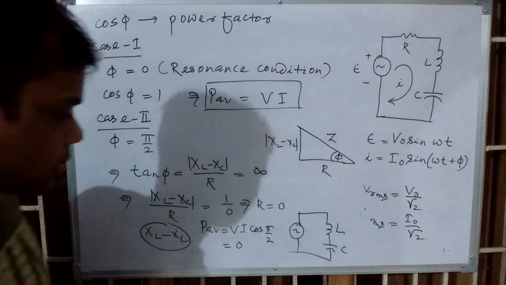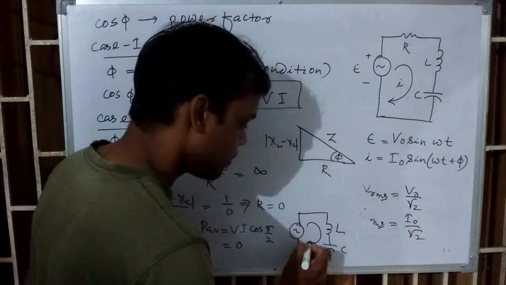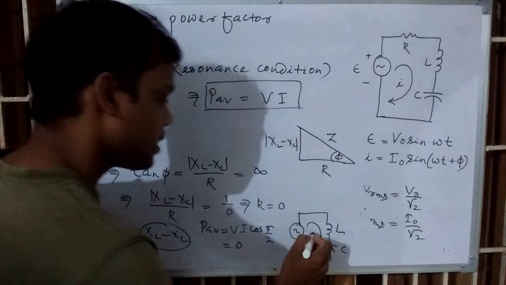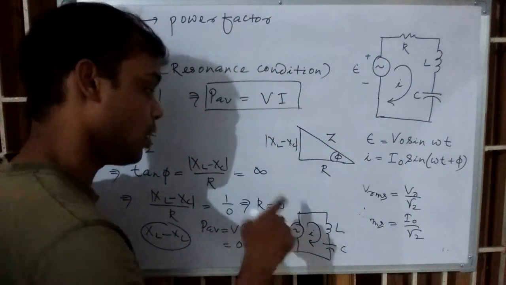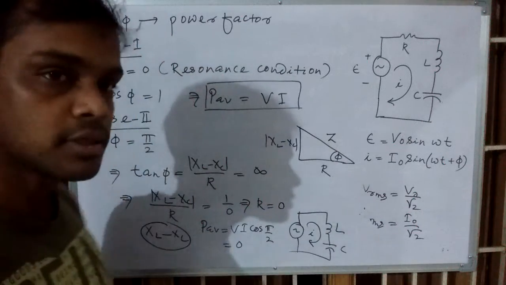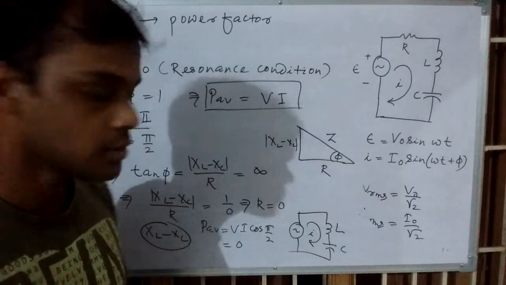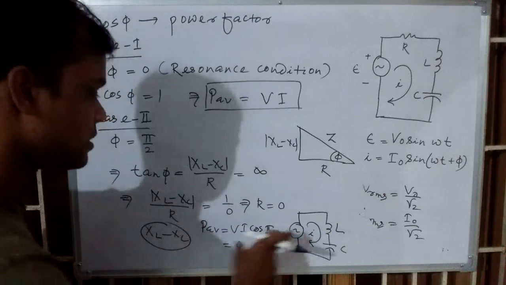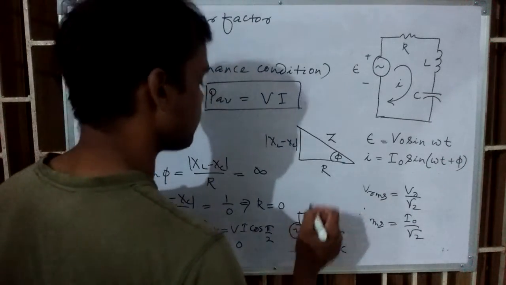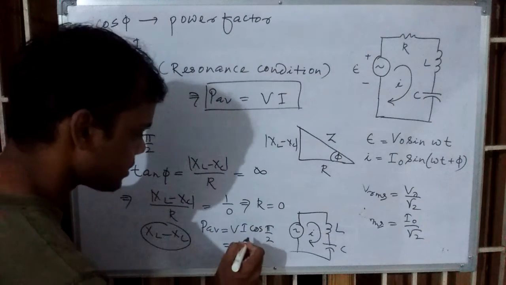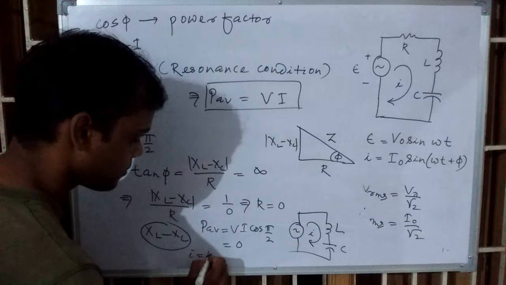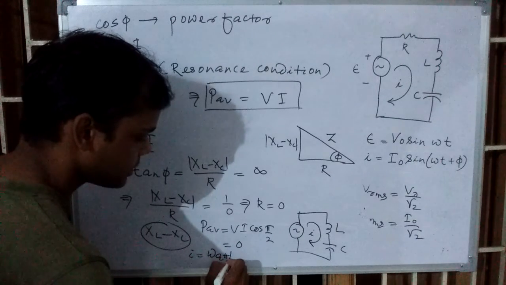Now one thing, current is flowing but no power is consumed here. We do know that if current flows, there should be some energy consumption, but here current is flowing but power is not consumed. That means this current is called wattless current.